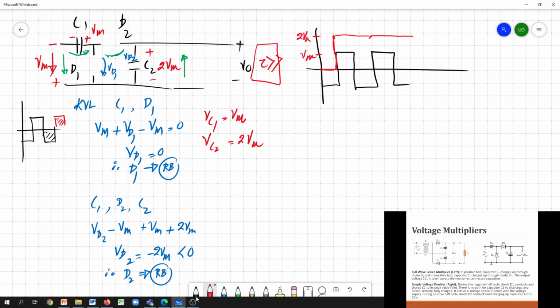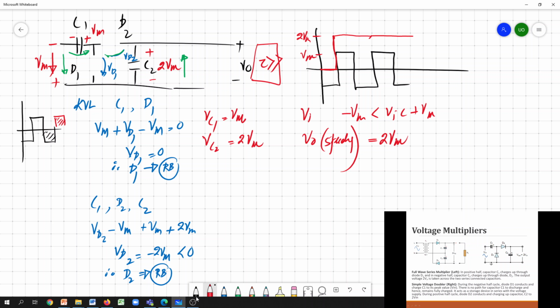So whether your input is a periodic signal with Vm and minus Vm, if you consider the input, it is like minus Vm and plus Vm. But the output, once it becomes steady, is basically a constant 2 Vm.